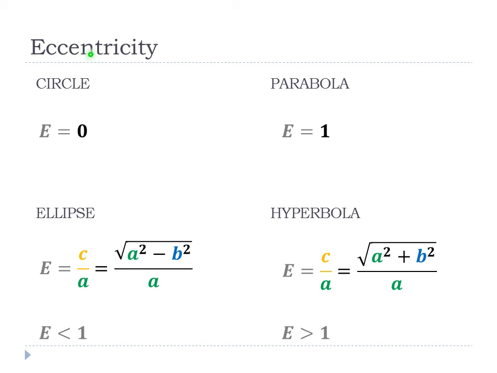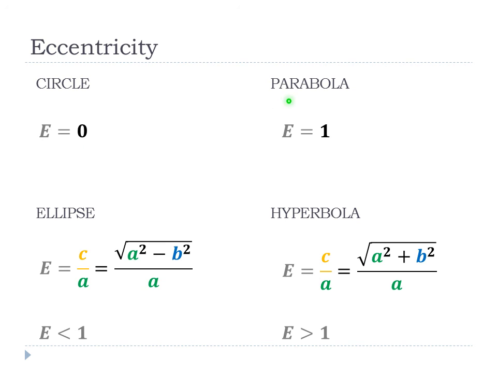Okay, last topic, eccentricity. For us, eccentricity is the ratio between the distance from the directrix to a point in the graph and the distance between that point in the graph and the focal point. Since there is no focal point in the circle, then we define it as 0.